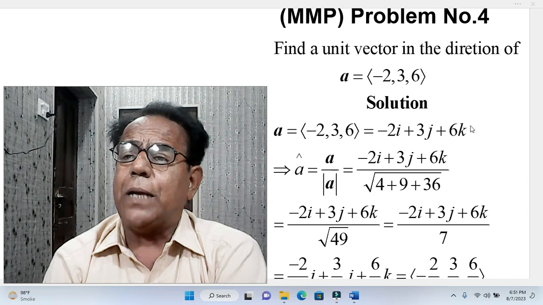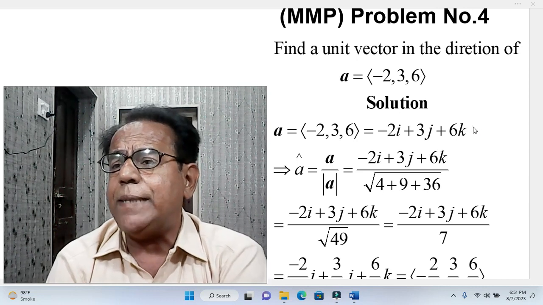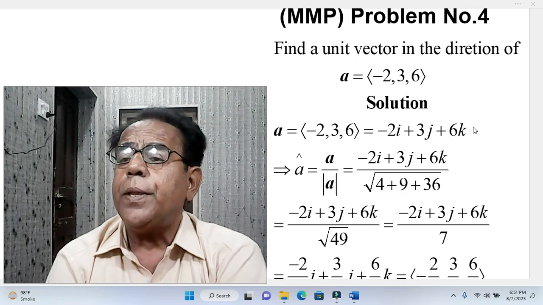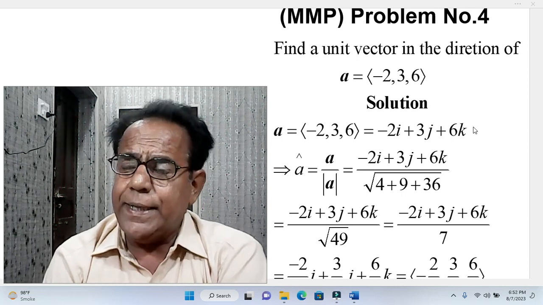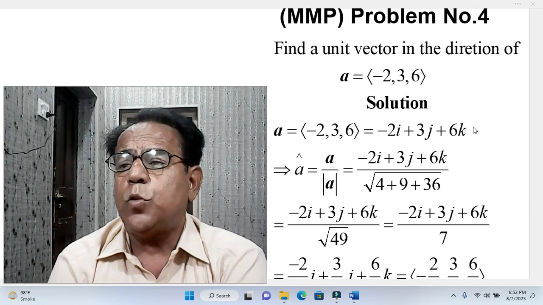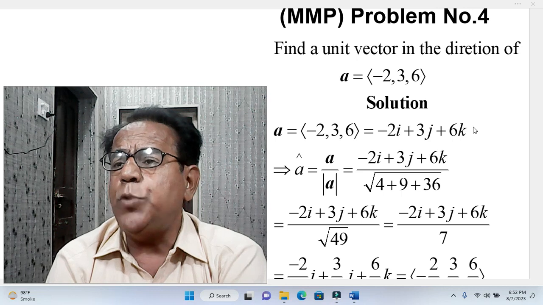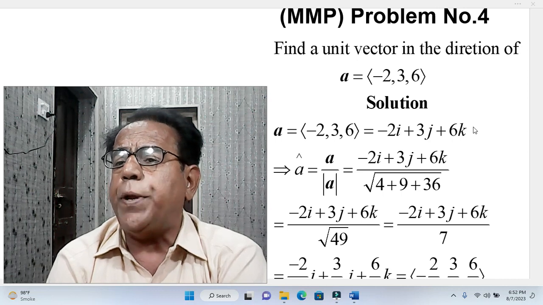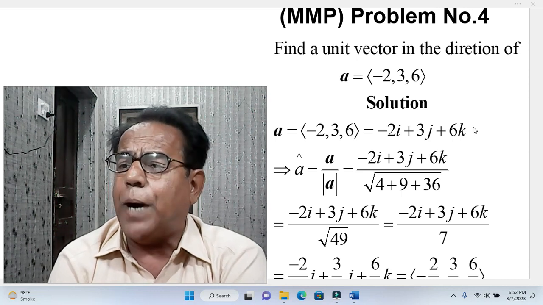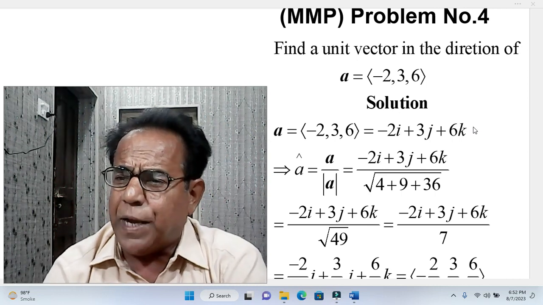we know by definition that a unit vector is always equal to the vector divided by the magnitude of that vector. Okay, so a unit vector becomes equal to a vector divided by modulus value of a, or absolute value of a.